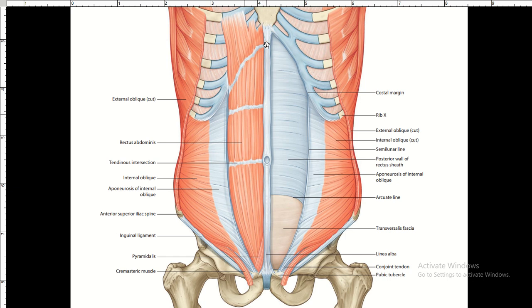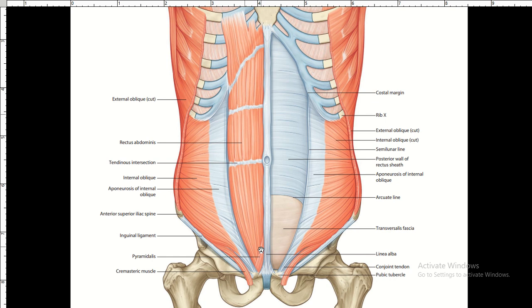The first one is at the level of the xiphoid process, the other one is at the umbilicus, and the third one is midway between the two. This muscle is enclosed in a sheath that we're going to talk about in the next video, called the rectus sheath. So the rectus abdominis is enclosed in a rectus sheath. You understand? Good.